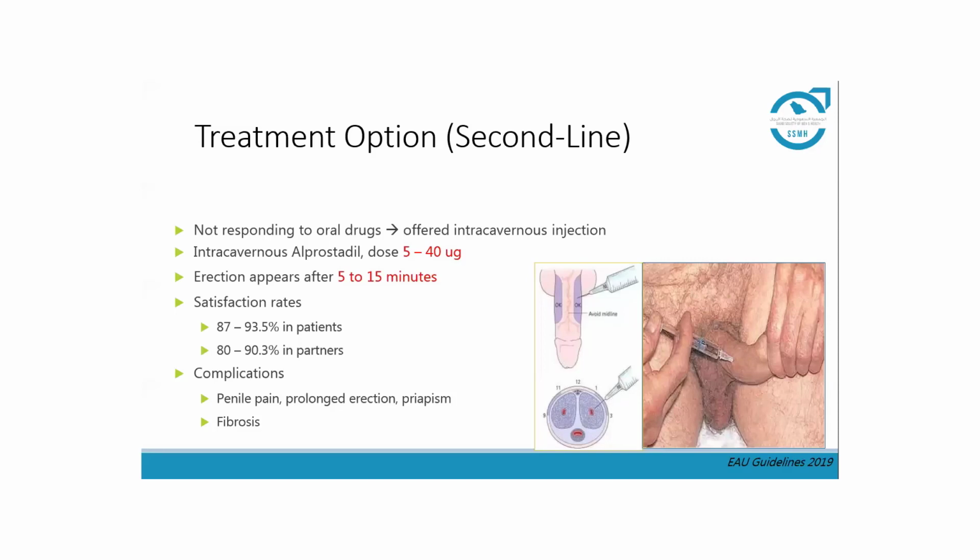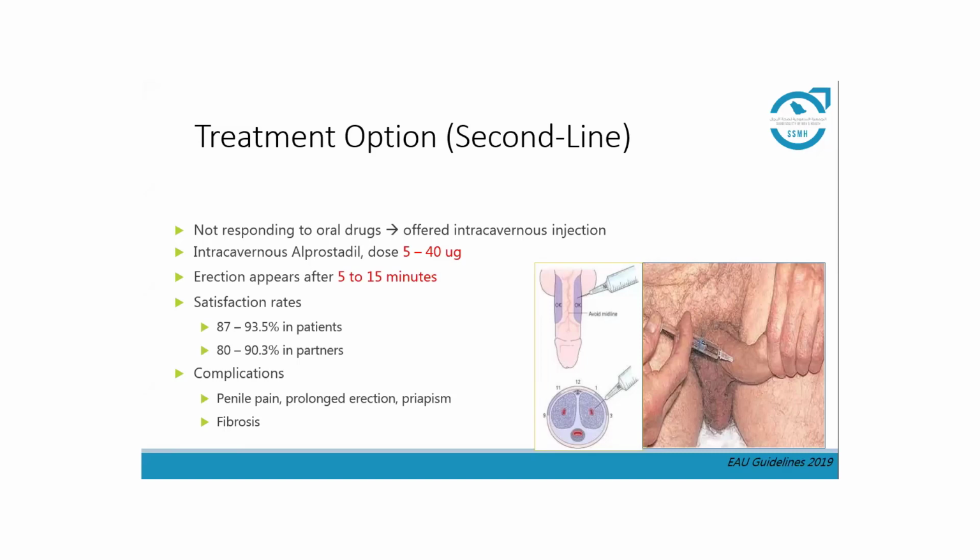So the second line is intracavernosal injection, which includes intracavernosal alprostadil. They usually inject it on the side of the penis 5 to 15 minutes before sexual intercourse. The satisfaction rate for both the patient and his partner is very high. However, there is 10% of patients that may take an extra dose.